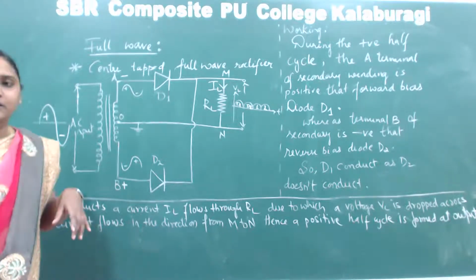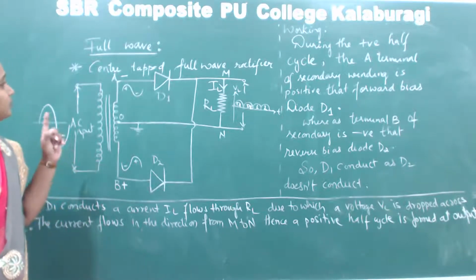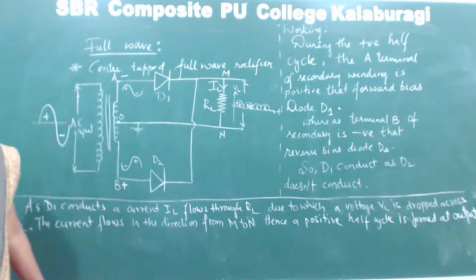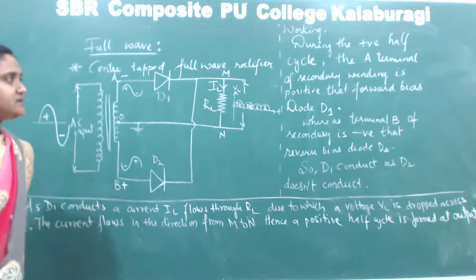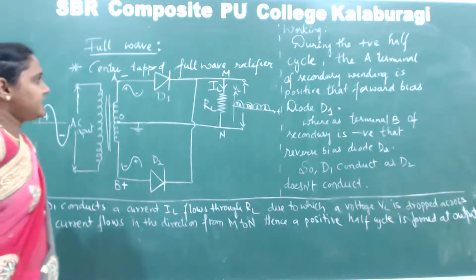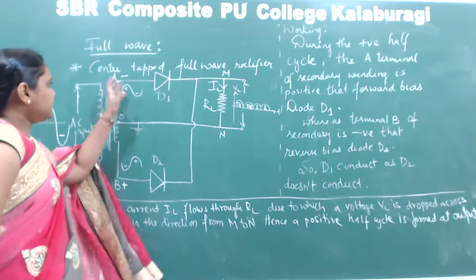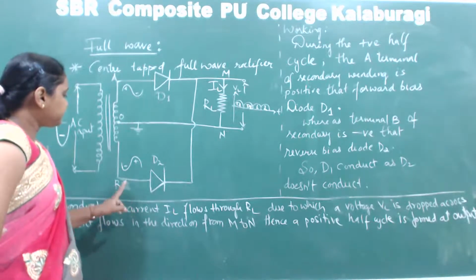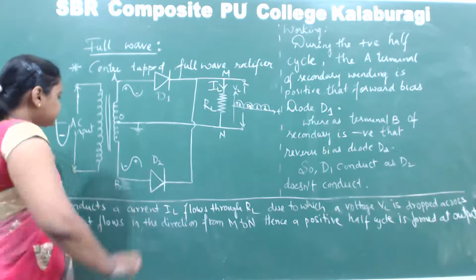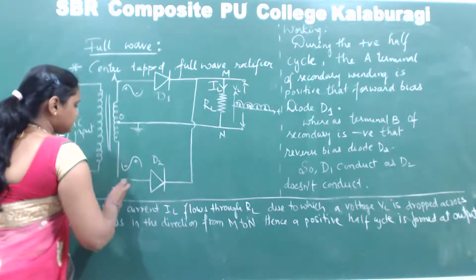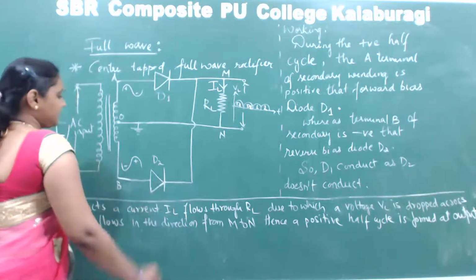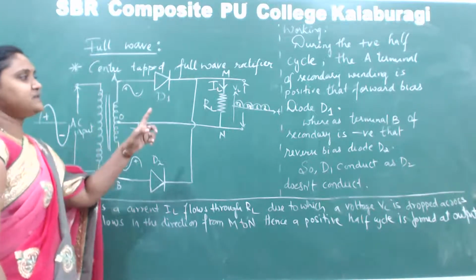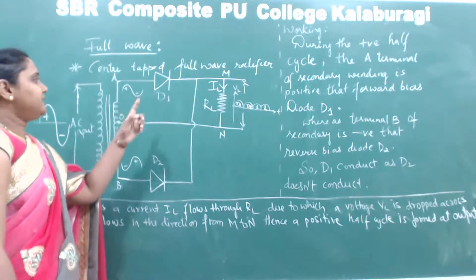So this is the working of the center tapped full wave rectifier for the positive half cycle. During the positive half cycle, the terminal A of the secondary winding is positive, that forward biases D1.